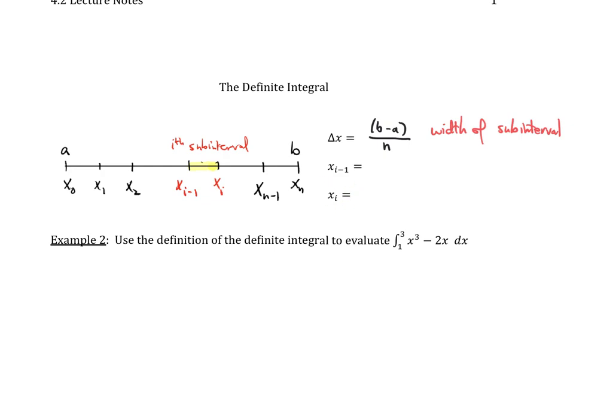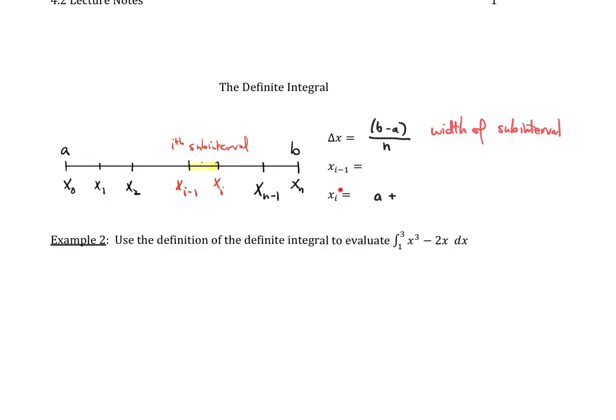So what we're going to do is start at our starting point a. So let me write a over here. And then we're going to add the widths of subintervals. Okay, so if you wanted xi over here, then you would need to add the width of i separate subintervals together.